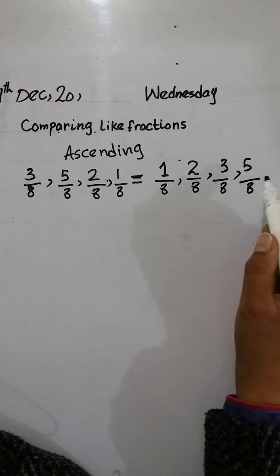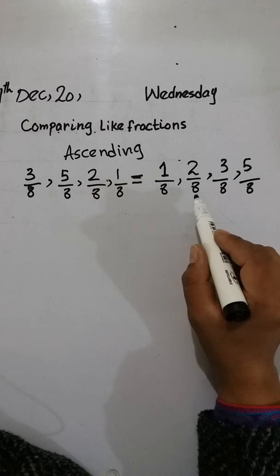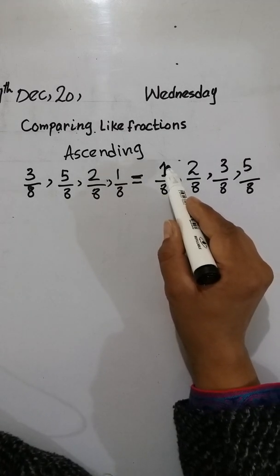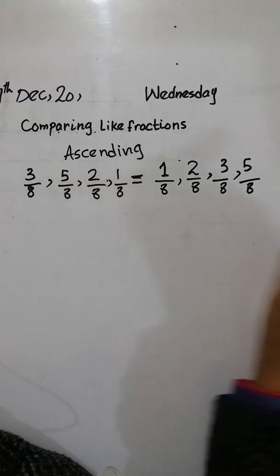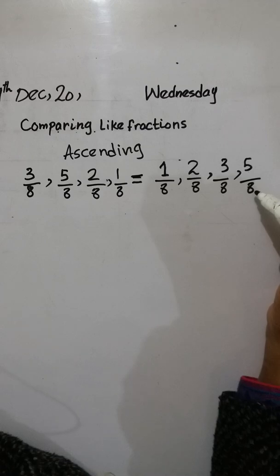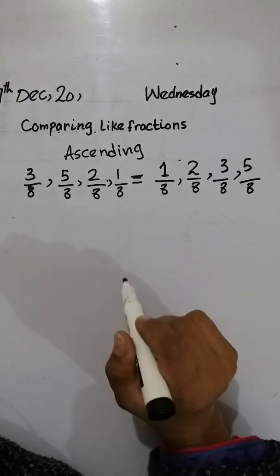Let's listen again. In the case of like fractions, when the numerator is smaller, the fraction will be smaller, and 1 by 8 is smaller than 5 by 8. ठीक है? So I wrote these fractions in ascending order.